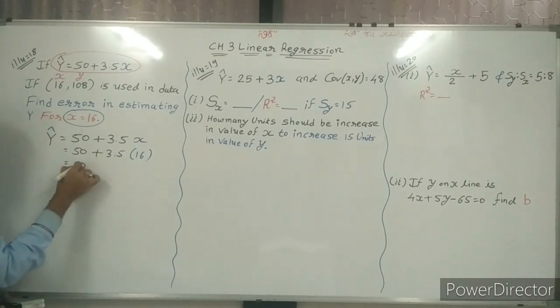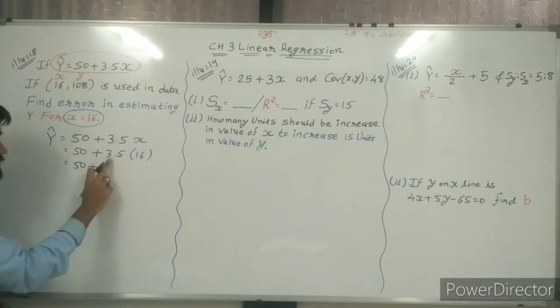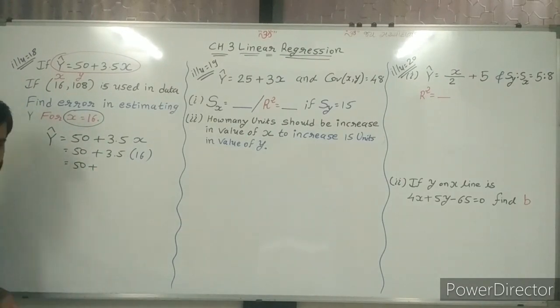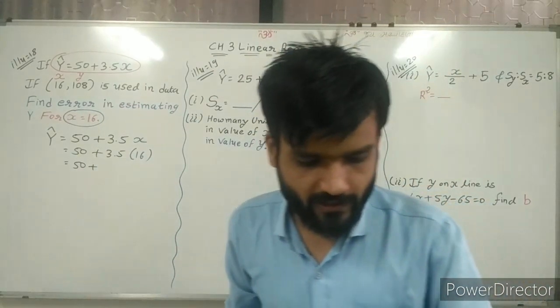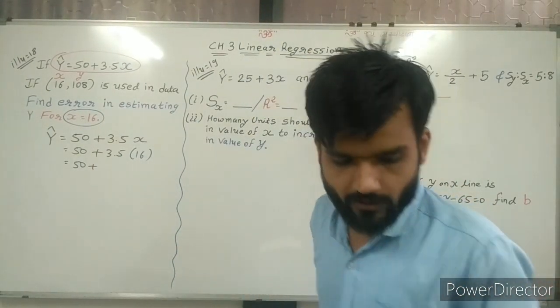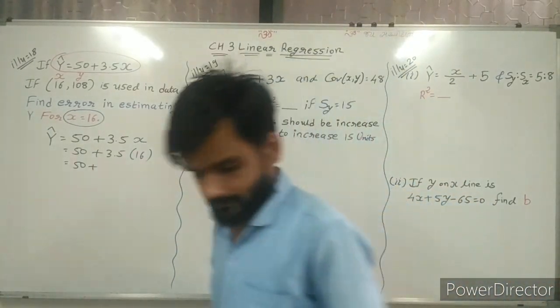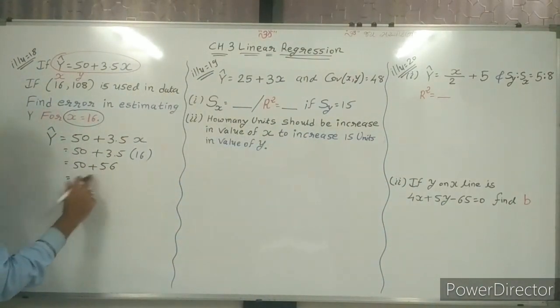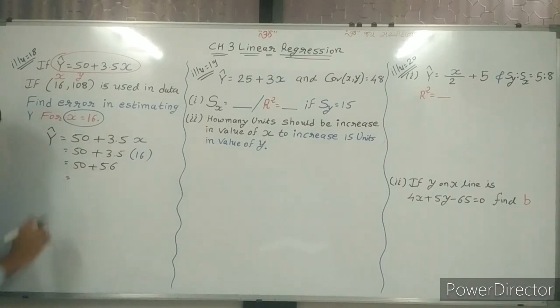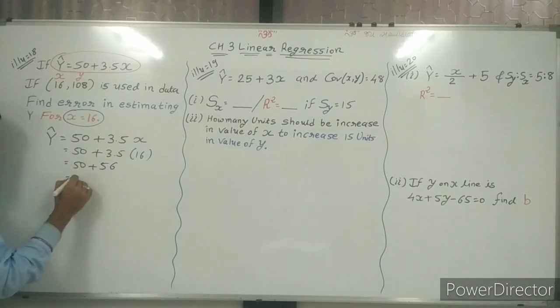Now 3.5 into 16, you have to do in the calculator. If you multiply 16 into 3.5, you will get 56. Now make the total of these two: 50 plus 56. Answer is 106.